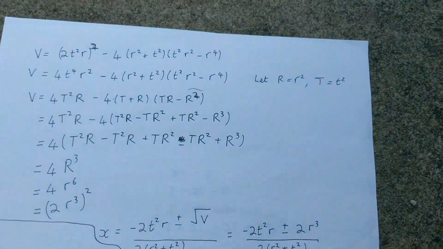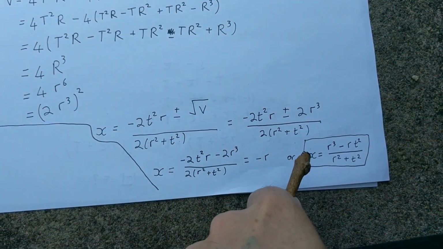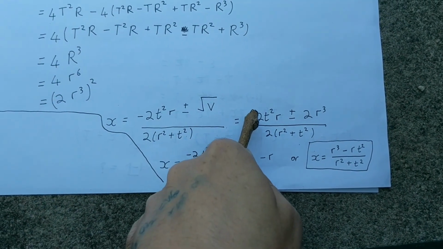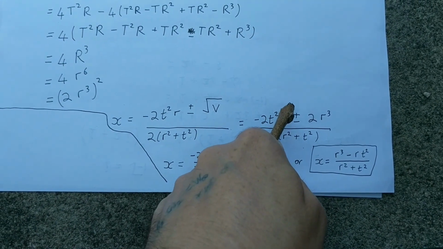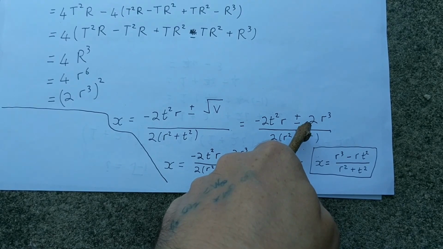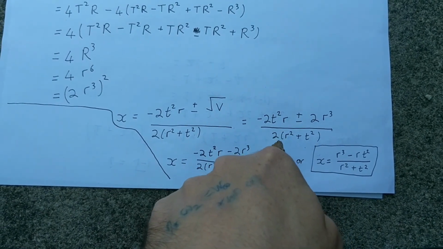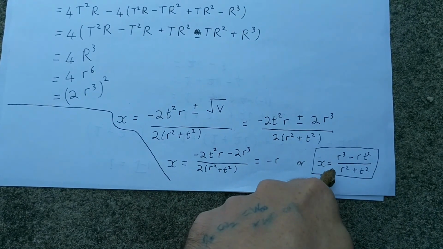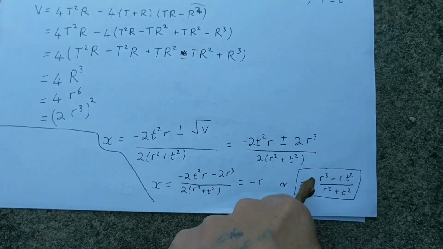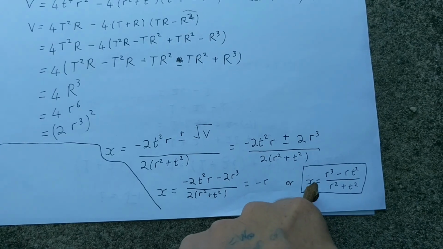Let's just check. Yeah, there it is. So when we do minus 2t squared r plus 2r cubed all over 2 times r squared plus t squared, that simplifies down to this, which is exactly the expression we want for x.